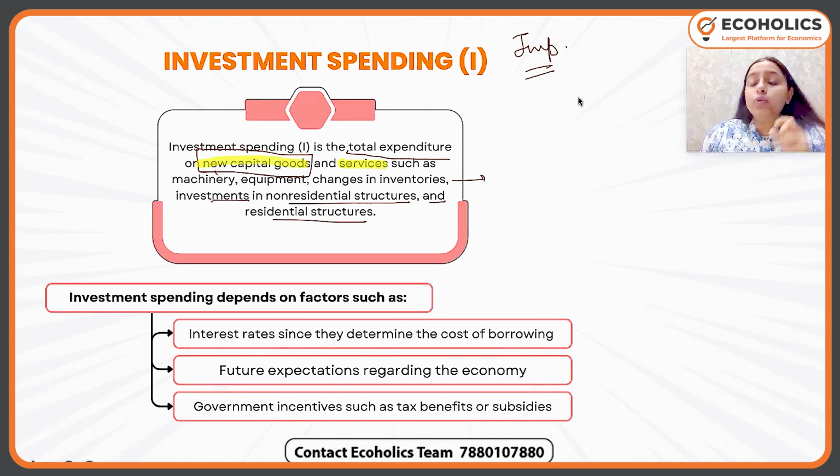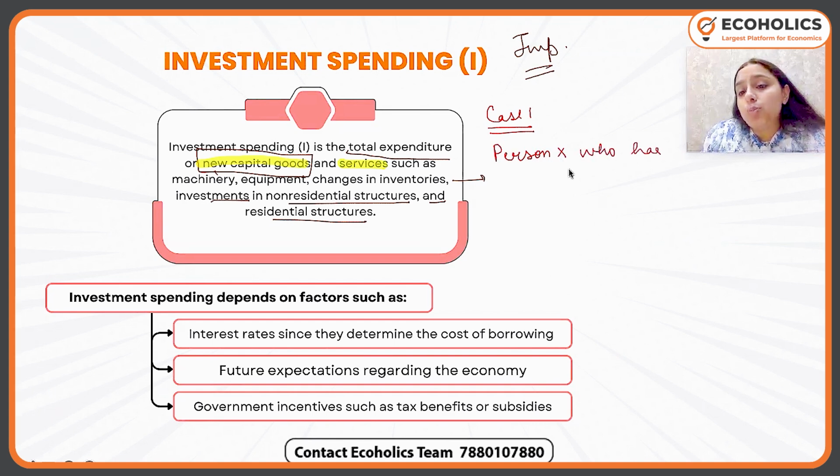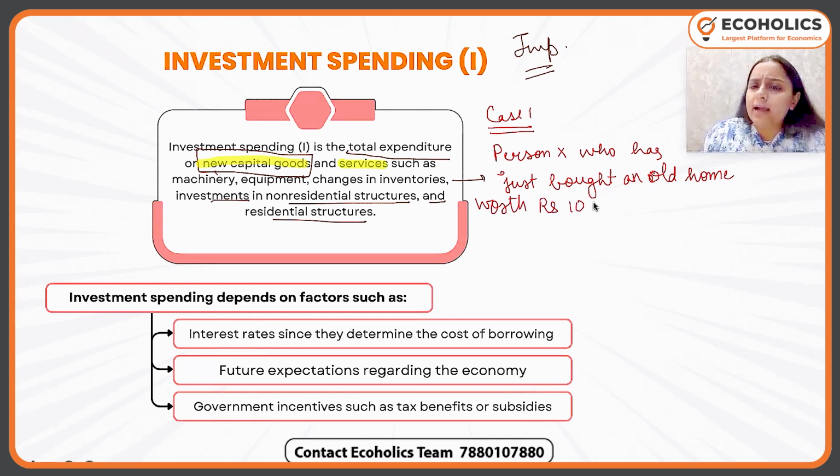I want to tell you two different types of investment which students think are both investments. In case 1, there is person X who has just bought an old home worth rupees 10 lakh.